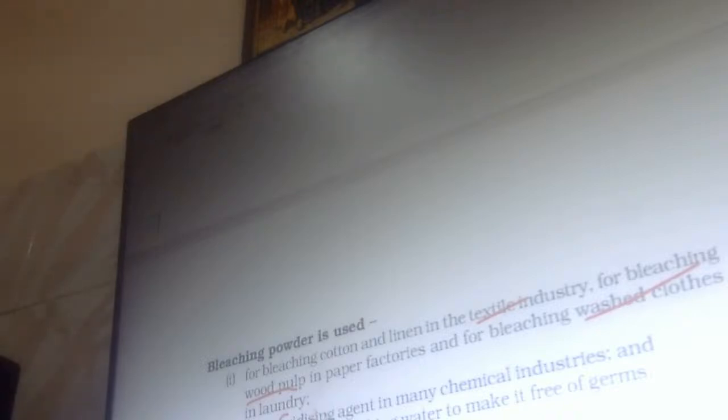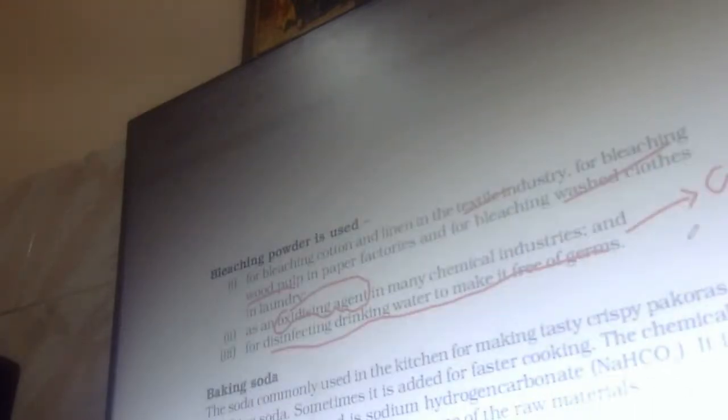It's a very good oxidizing agent. Disinfectant for water. Why does it disinfect? Because it has Cl2. That's a trick: where Cl2 is there, disinfectant is there. Don't do that with NaCl, but do that with bleaching powder.